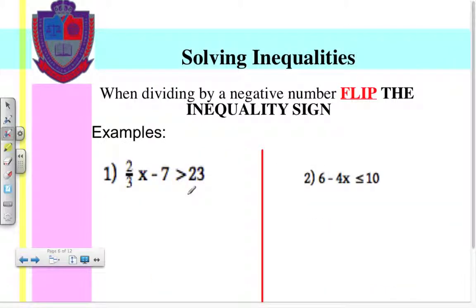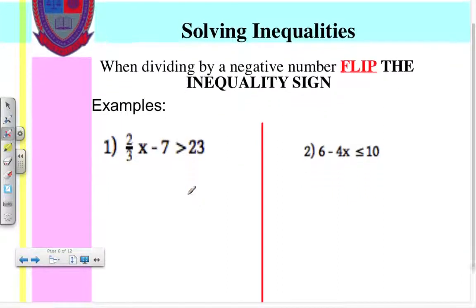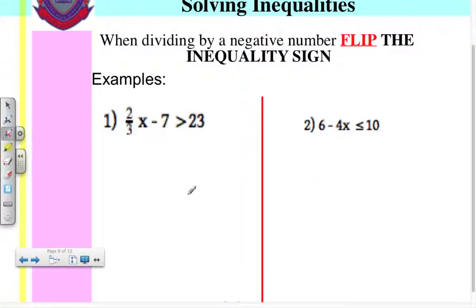How about solving these? The key thing that you need to remember when solving inequalities is that when dividing by a negative number, you have to flip the inequality sign. So fill in your blanks and let's do two examples. The first one: 2/3 x minus 7 is greater than 23. The first thing, I want to get rid of my constant.